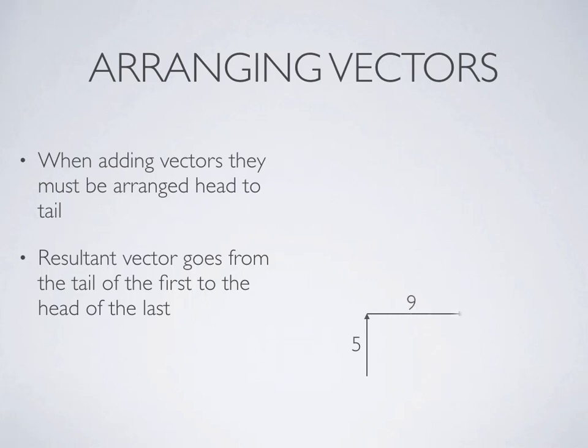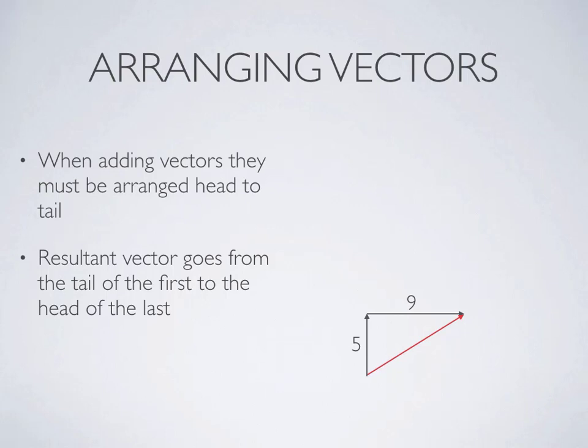That person could have walked the 5 blocks north first and then walked the 9 blocks to the east. It turns out your resultant is exactly the same either way. Same direction, same magnitude. When adding vectors, it makes no difference at all what order you add them in, as long as you arrange them head to tail and then make your resultant go from the tail of the first to the head of the last.